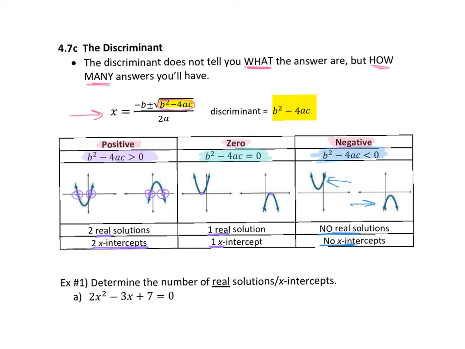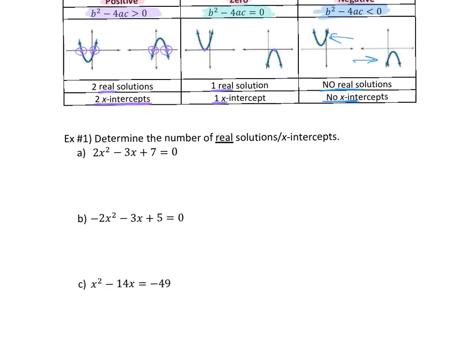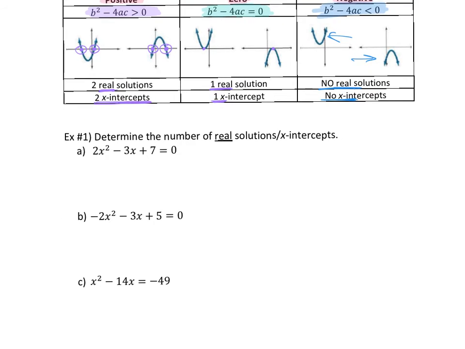Okay, so here's what we're going to do. It's super short, 3 little problems here just to show you what you're doing with this. So keep in mind, this is a, this is b, this is c. If it says determine the number of real solutions or the number of x-intercepts, you are just plugging into b squared minus 4 times a times c.